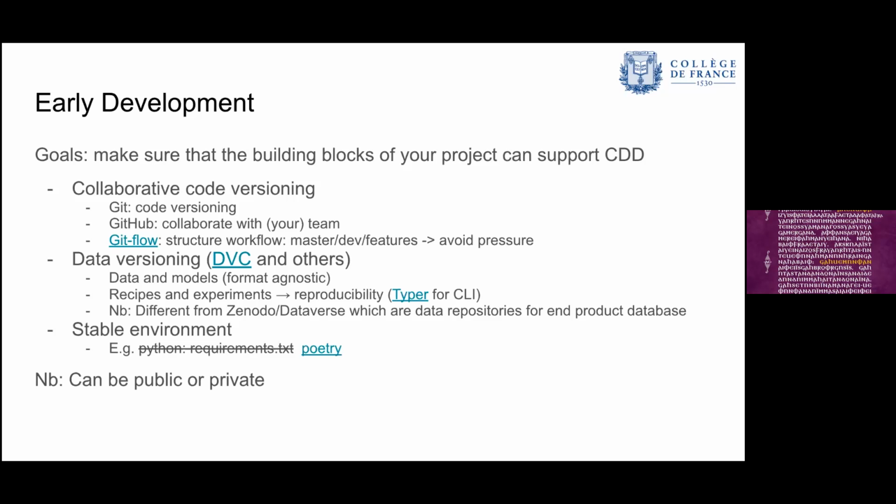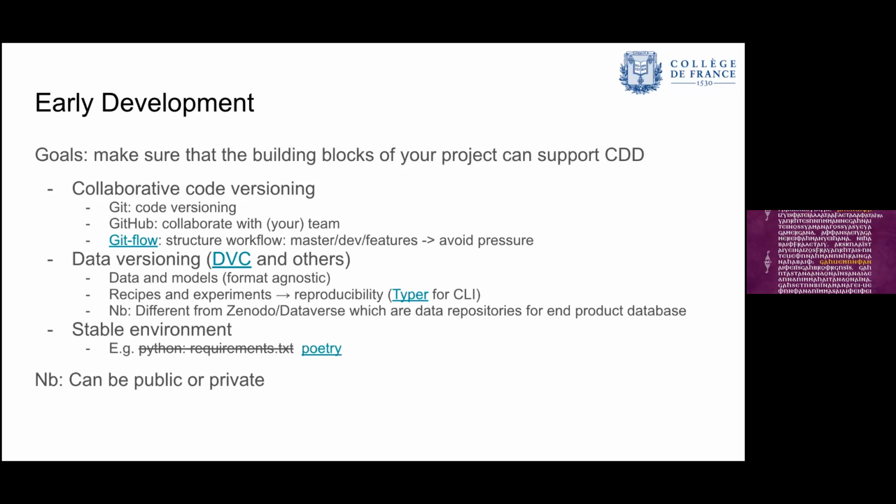And eventually, if you want to make sure that you are ready for continuous improvement later, you should make sure that your environment is stable, because you never know in 2 years what the software landscape will be, and what the libraries will be.